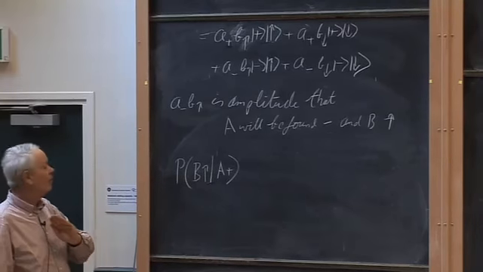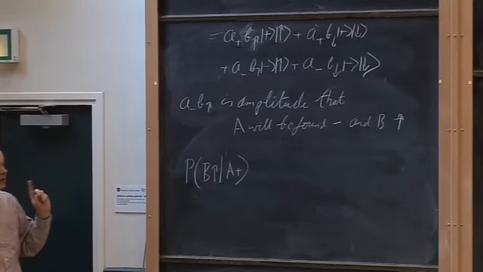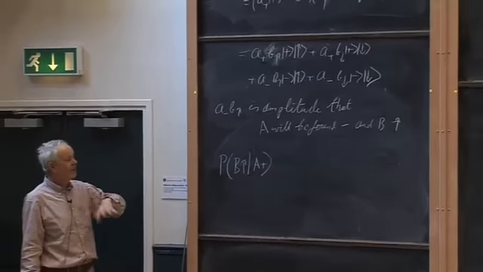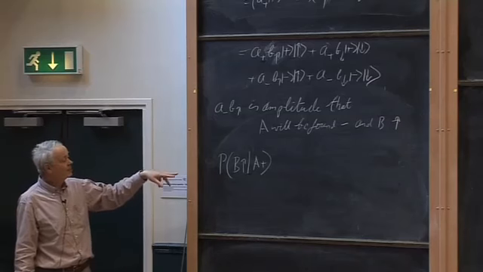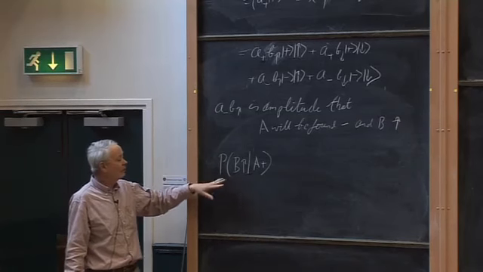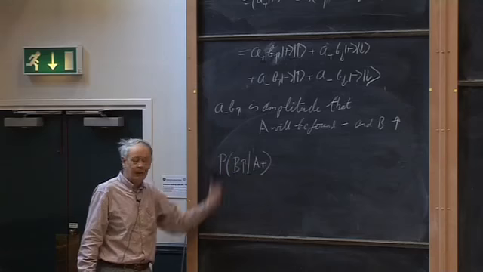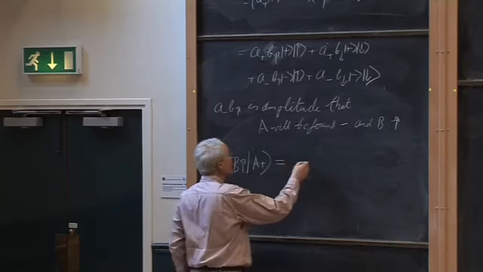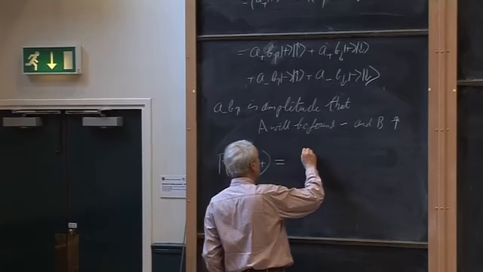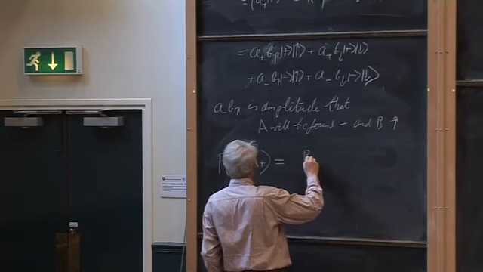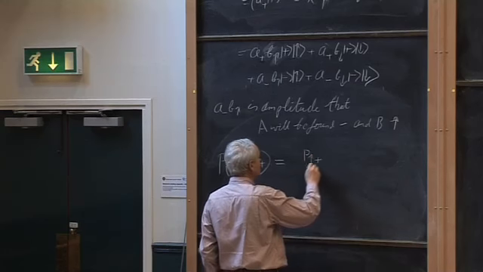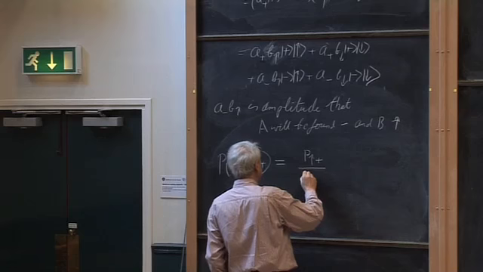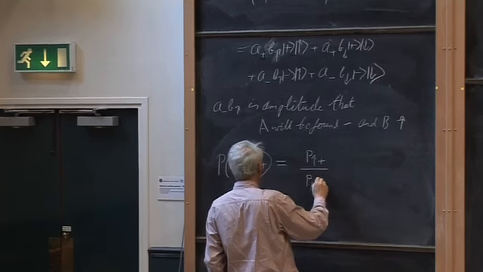And I now want to know, suppose I measure B's property, will I find that B's property is up or down? This is going to be the probability that, given that I am where I am, B will be found to be up. Well, this is equal to the probability of being up and plus over the probability that A is plus.